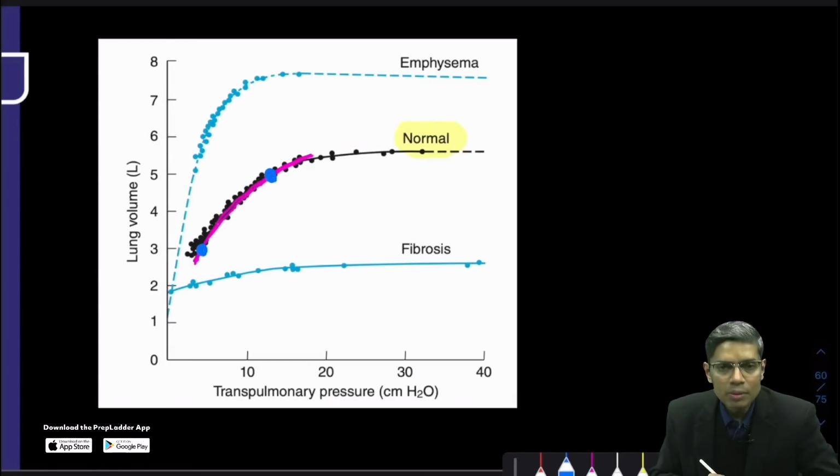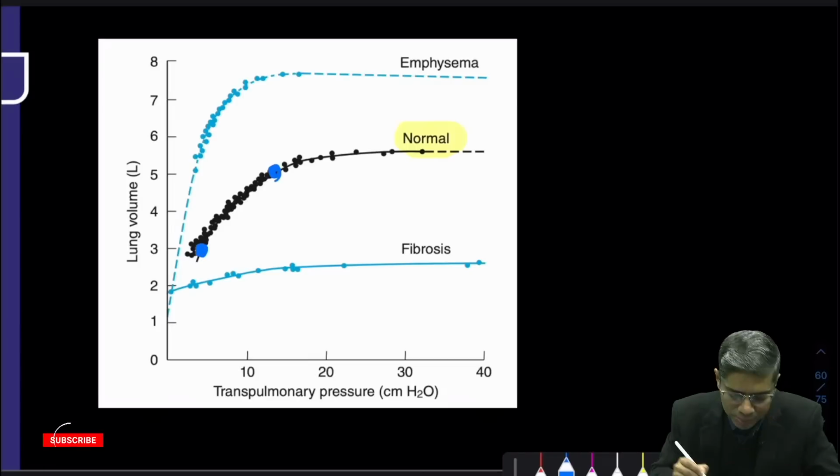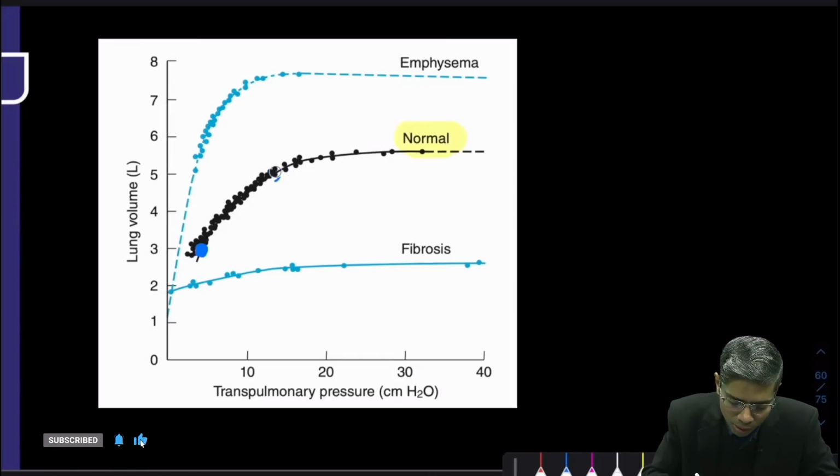I have taken 2 points, look at the blue color points. At which part of the curve am I taking them? One is here, another is here. You will know why I am taking them here. These 2 points should fall on the exponential part of the curve.